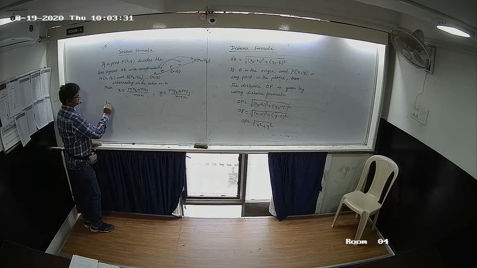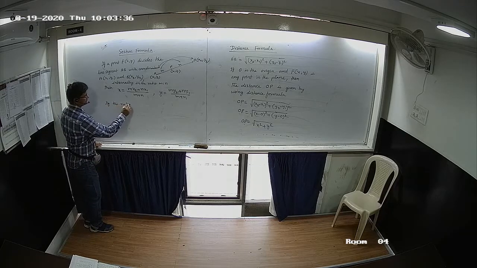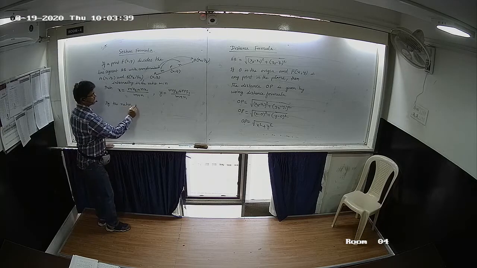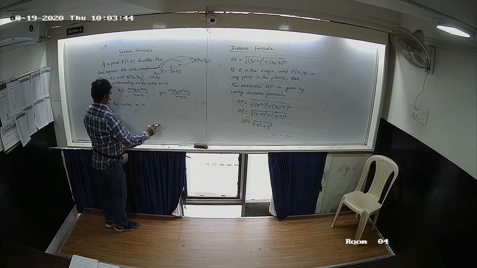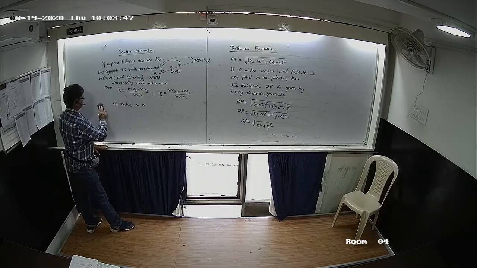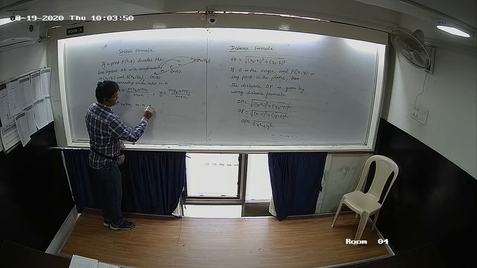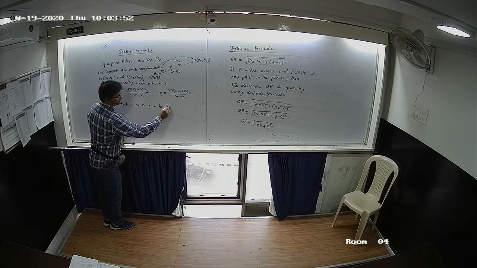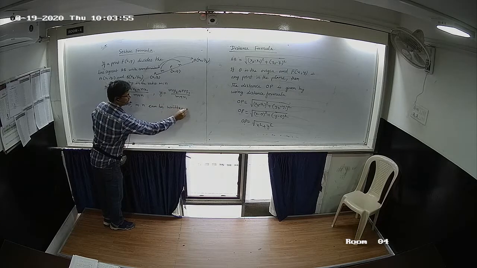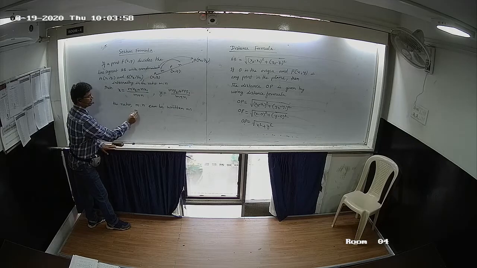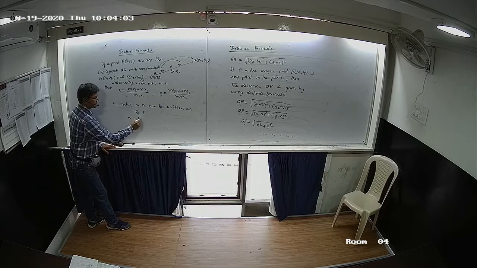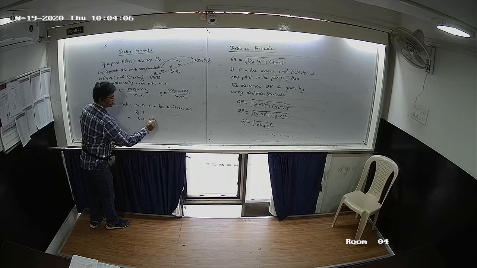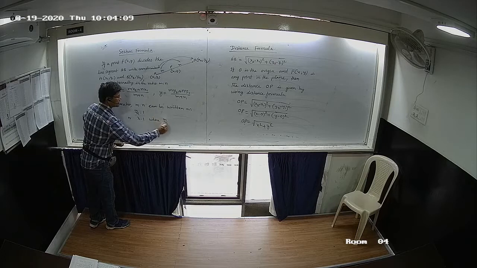The same way, the ratio m is to n can be written as m by n is to 1, or lambda is to 1. Say m by n is equal to lambda.